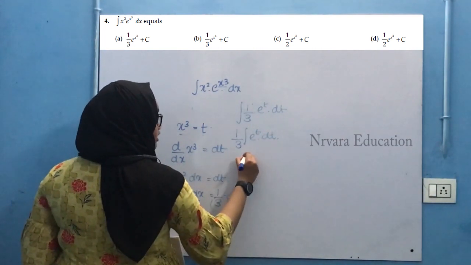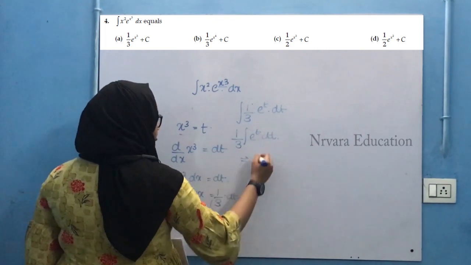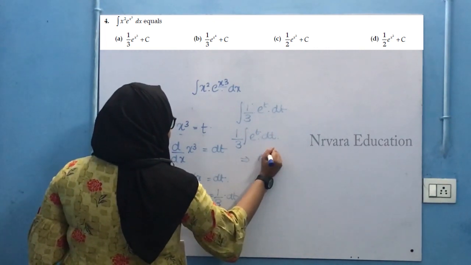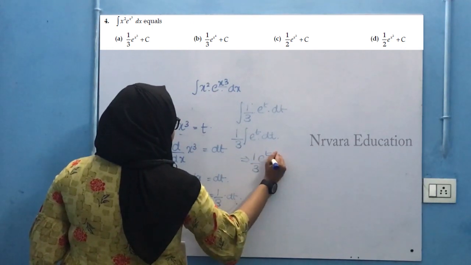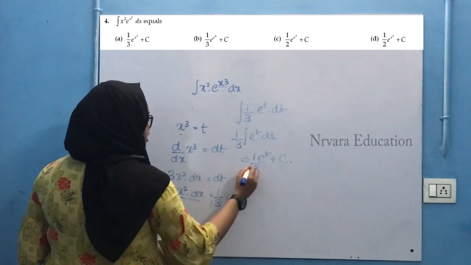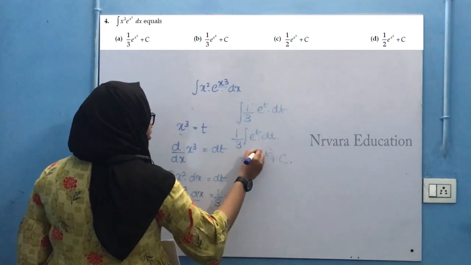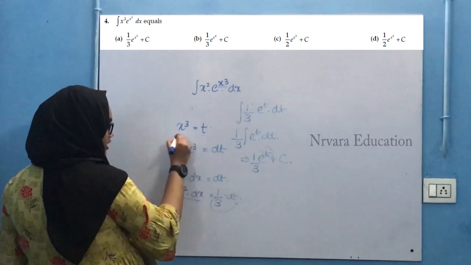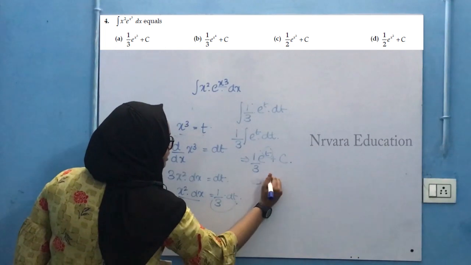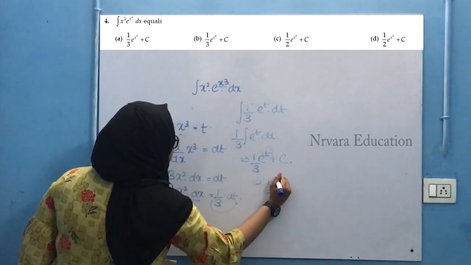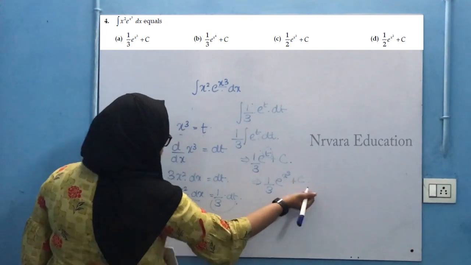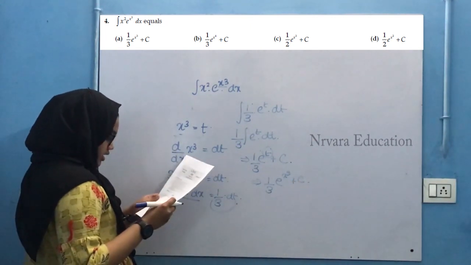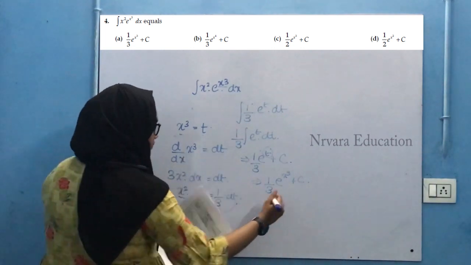Now the integral of e raised to t will be e raised to t itself, into 1 by 3, plus a constant c. Now we'll resubstitute the value of t that we substituted earlier. So we'll get 1 by 3 into e raised to x cubed plus c, which is our option A.